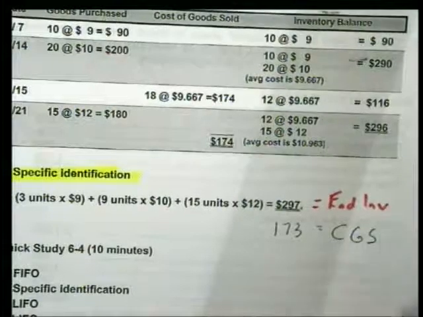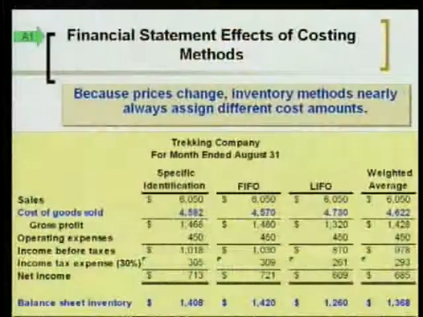Now we've gone through all the homework, haven't we? Okie doke. Let's switch over to your PowerPoints. I want to take a look at a specific slide here. This one right here.